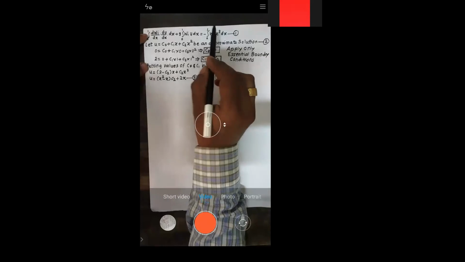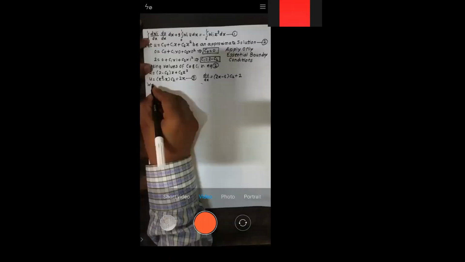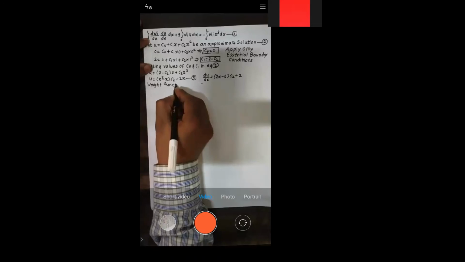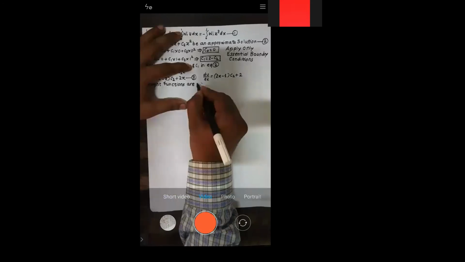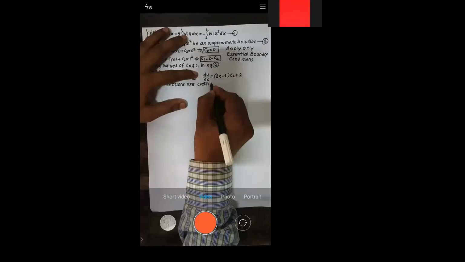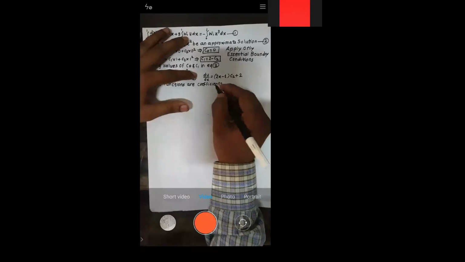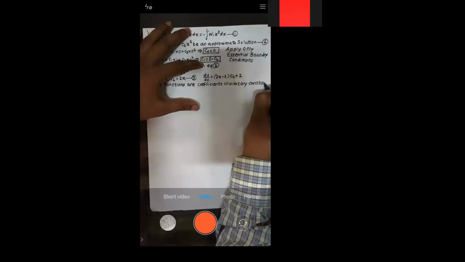So here what I'm writing. Weight functions are coefficients of arbitrary constants. What are the arbitrary constants? C0, C1, C2, right?